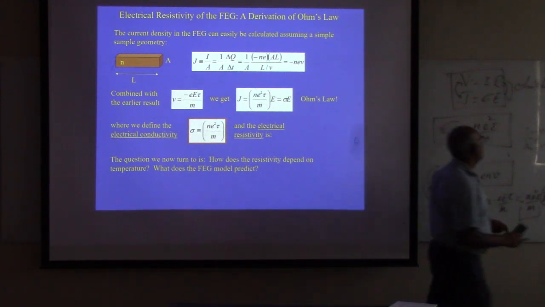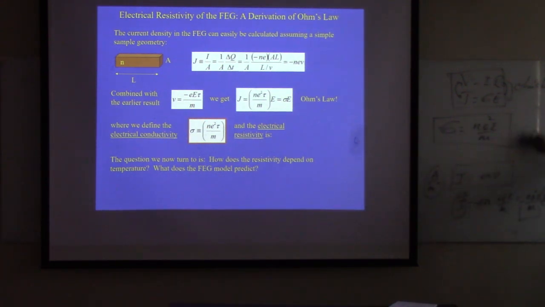Tau is the relaxation time. If tau is large, what does that mean? Tau is large means you have a longer free path, right? So that means your conductivity is higher, because tau is given as the mean free path divided by your velocity, right?